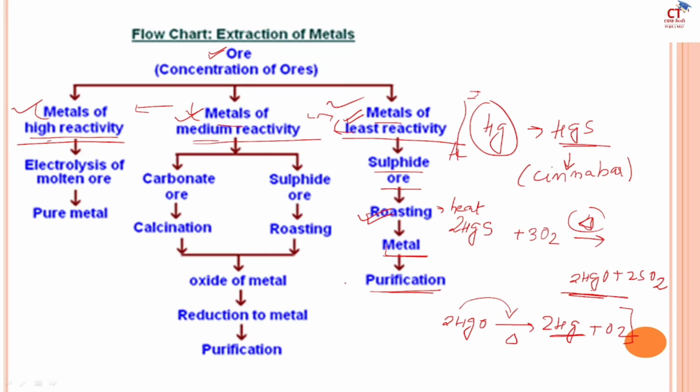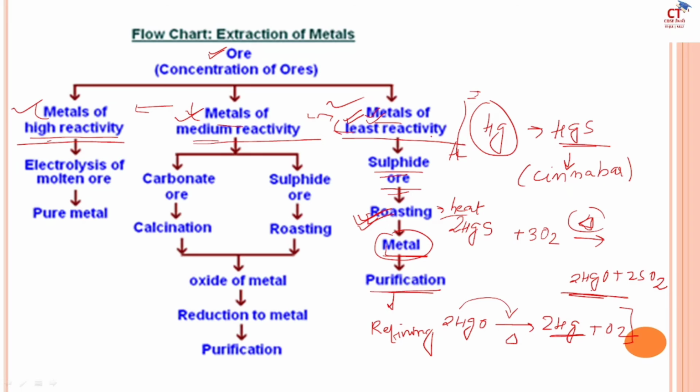Purification is the final step, refining. This process, where we use sulfide ores and give heat to get the metal, occurs in the case of metals with least reactivity, that are at the bottom of the reactivity series.